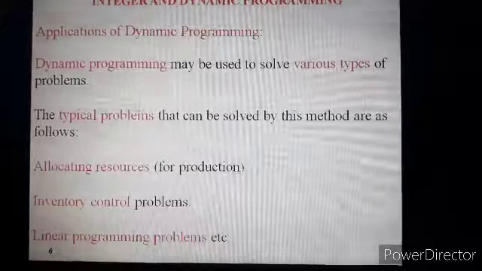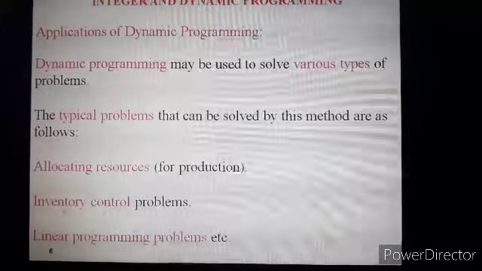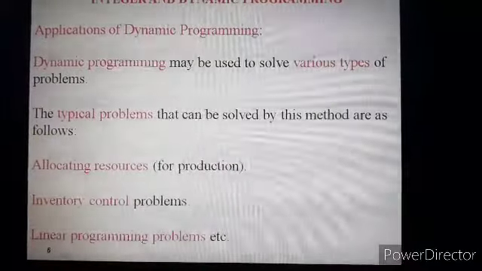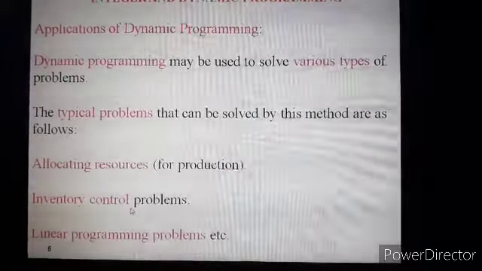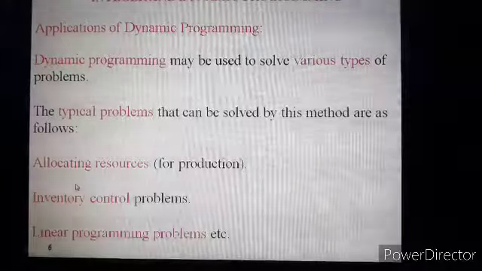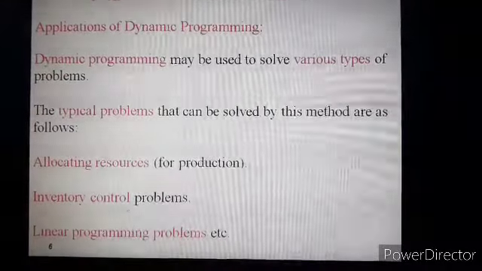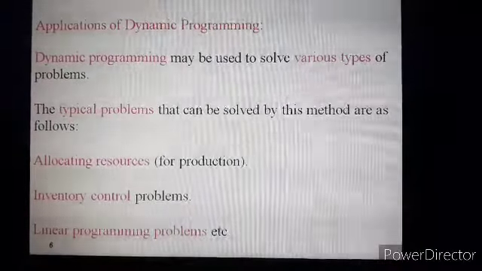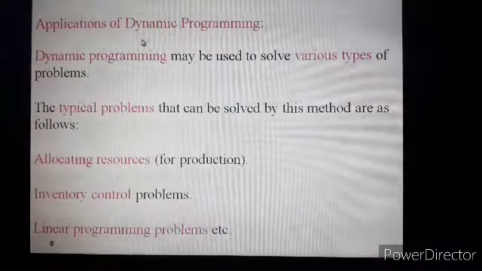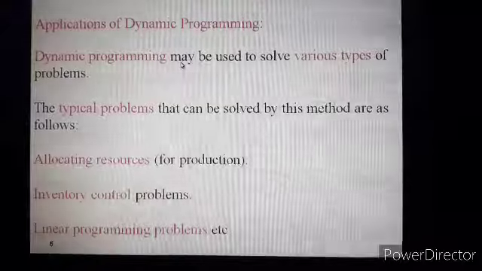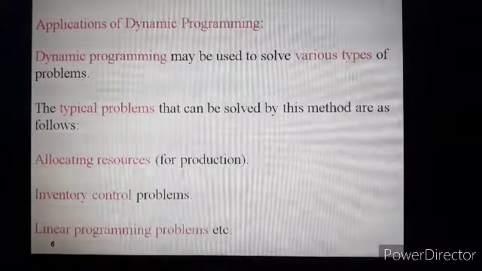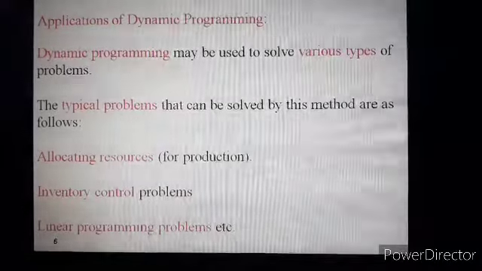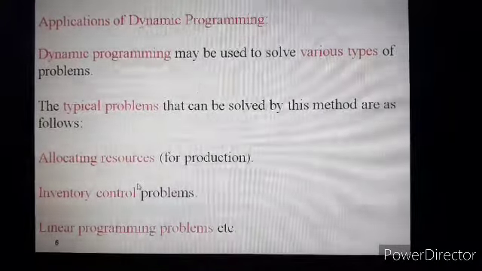Again, we can use the techniques of dynamic programming for inventory control problems, or for solving material planning problems. Under inventory control we have various material planning techniques, and that we have also discussed in our previous lecture. And again, we can use the dynamic programming methodology for solving the linear programming problem also. Finally, dynamic programming is an extension of linear programming problems.